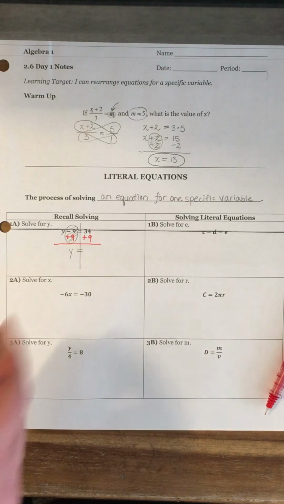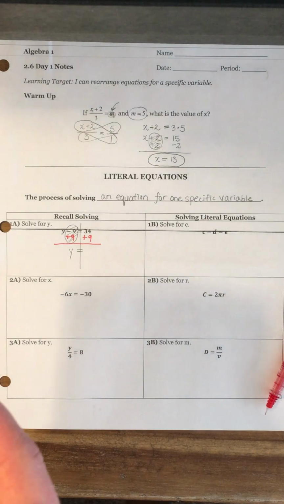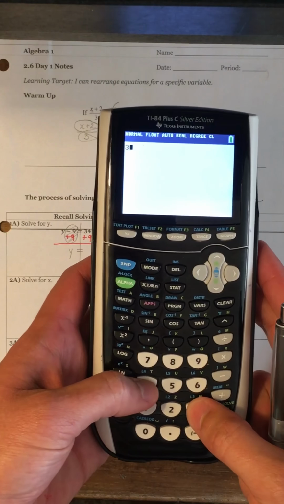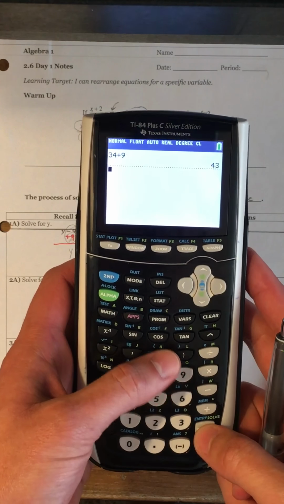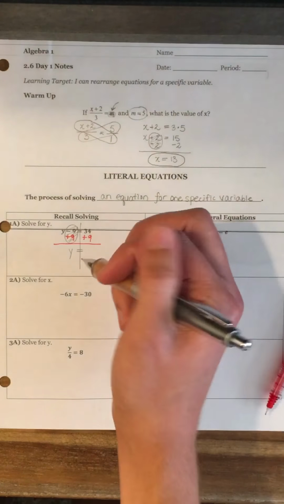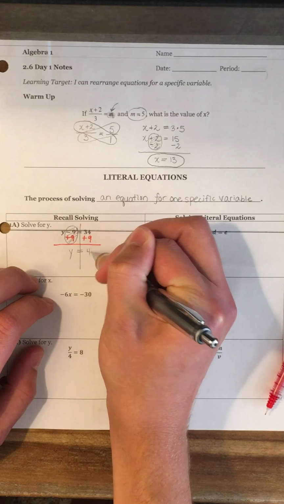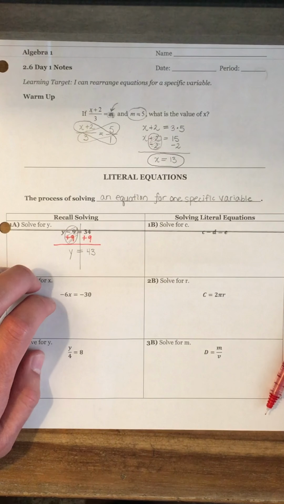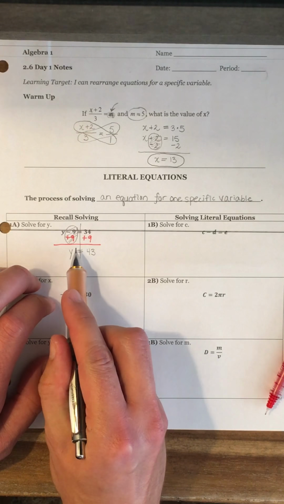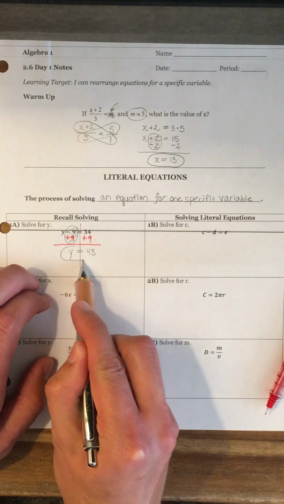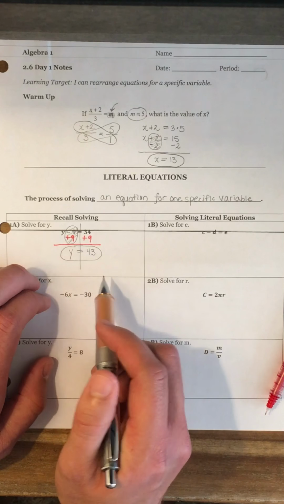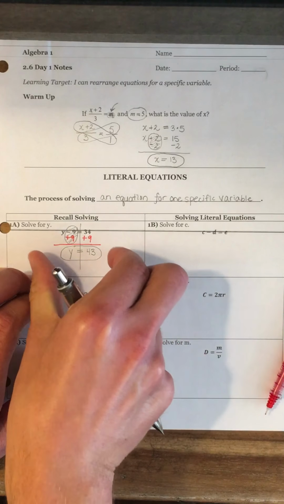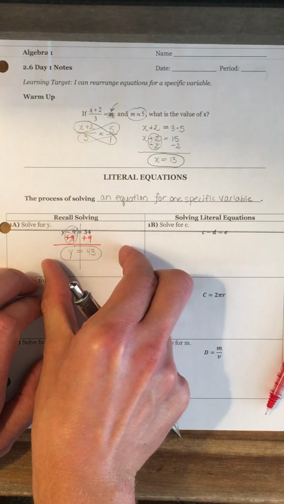So when I combine a 34 and 9, let me see, I got my calculator here, 34 plus 9, those combine to be 43. So on the right-hand side, I have 43. When I look back and reflect, I notice, oh, wow, I'm actually done. I figured out what y is. Y has a value of exactly 43. So this, again, is something that we should be able to do. That was just a one-step equation.